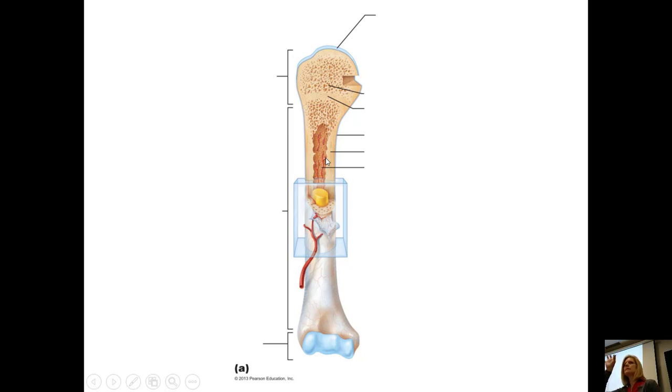Endosteum is the inner lining on the inside of our bones, lining the medullary cavity. So periosteum on the outside, endosteum on the inside. You're going to see that repeating prefix in our class and lab throughout the semester. Peri is always the outer layer, endo is always the inner layer lining the inside of organs, or bones in this case.